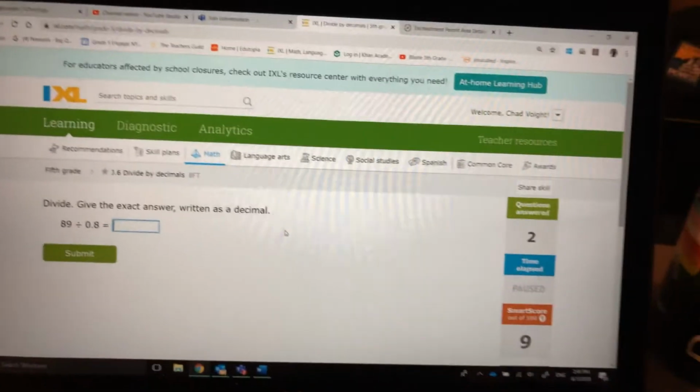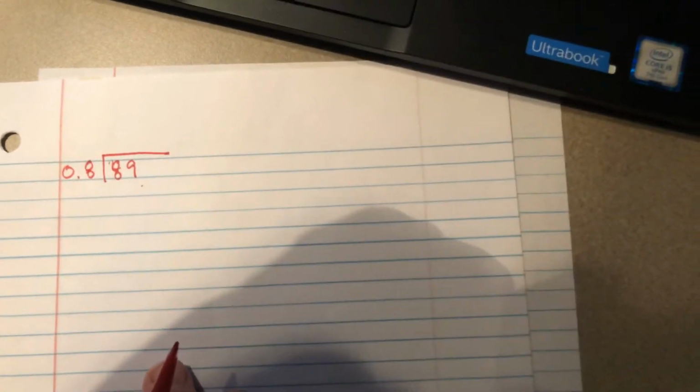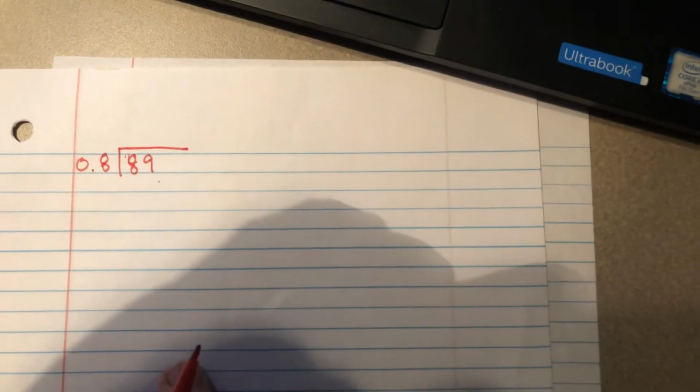We're going to take 89 divided by 8/10. 89 is our dividend. We'll put that in the garage. And then we have 8/10 as our divisor. Now, I'll show you the standard algorithm way to solve this.